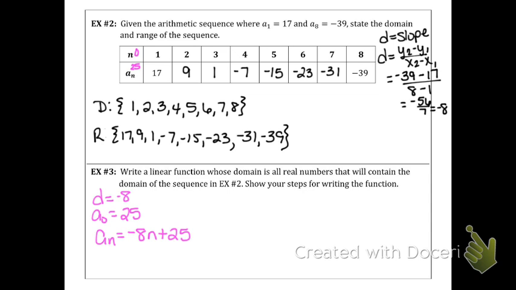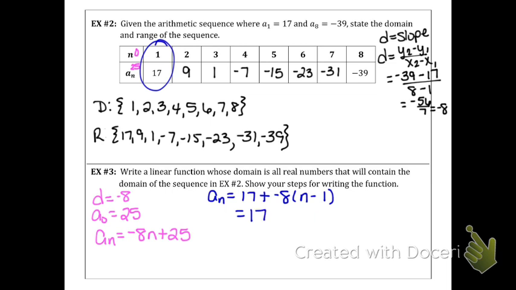If you want to use the explicit form, we can just pick any of them. Let's just pick 1 and 17. So we would know that a sub n would equal 17 plus our difference, which is negative 8, times n minus k. We picked k was 1 because we picked the first term.